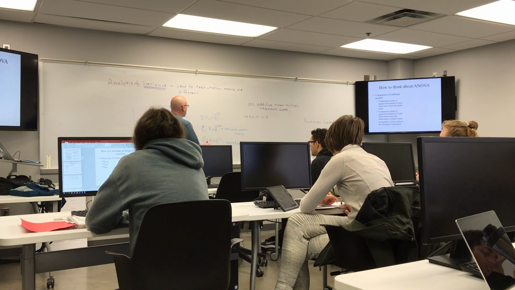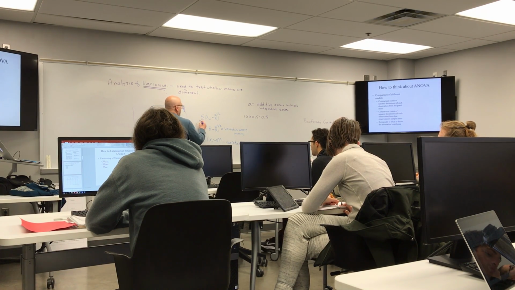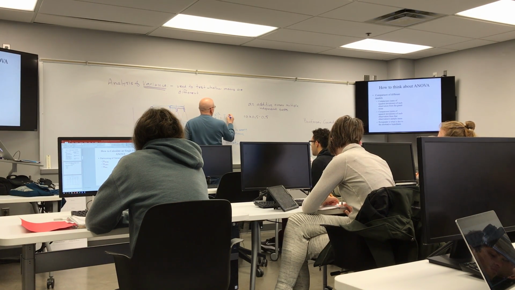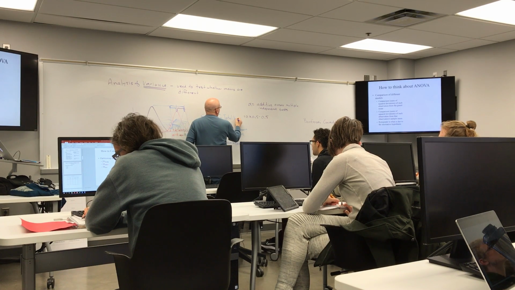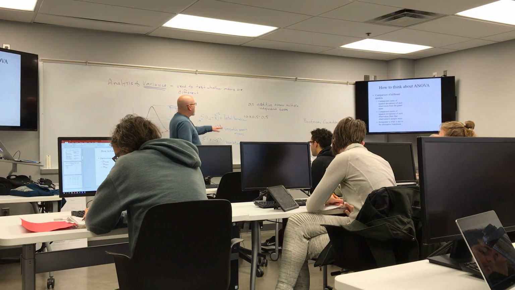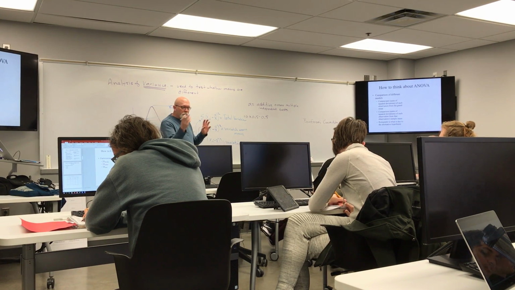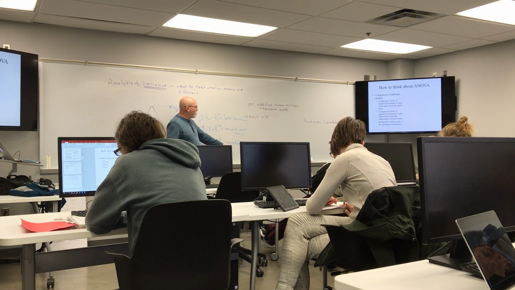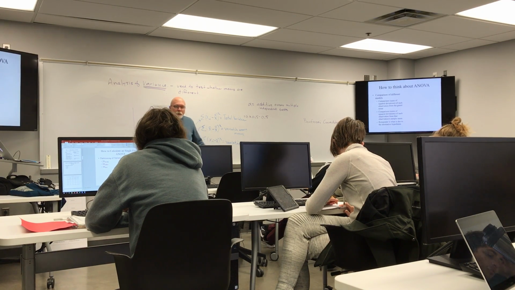This plus this equals that. This is the total variation in the population, or in the samples that you have. Some of that variation is accounted for by differences among the samples. Some of that variation is just variation within the samples.